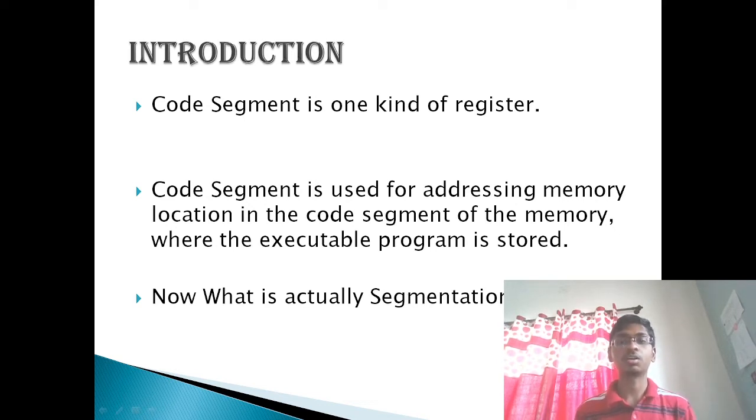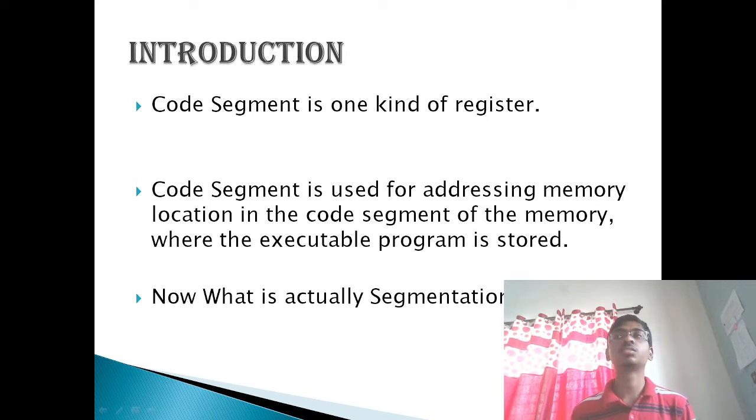Because its value is shifted left by 4 bits, or multiplied by 16, to cover the entire 20-bit address space. The segment register value is added to the 16-bit value of the addressing register to produce the actual 20-bit memory address. So this is all about the introduction of the code segment register.